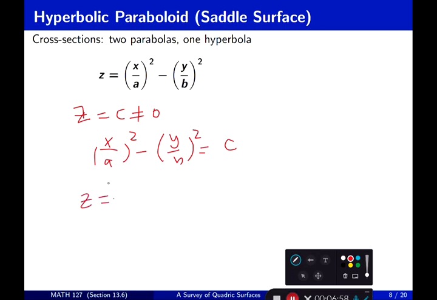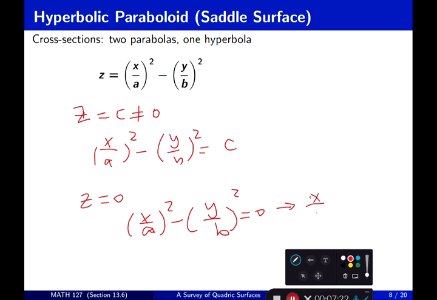z equal to 0. So this is the xy plane, and you get this. Unlike the elliptic paraboloid, this one you can actually solve when z equals 0.